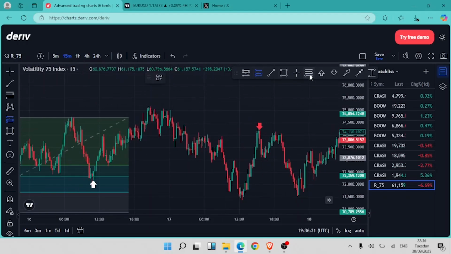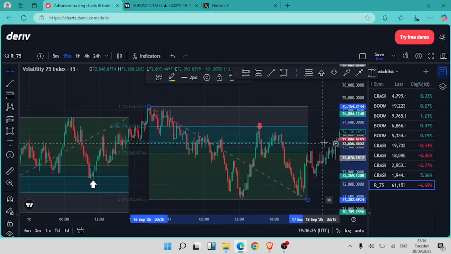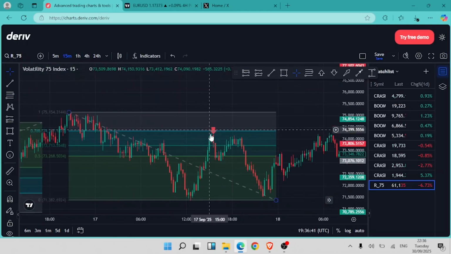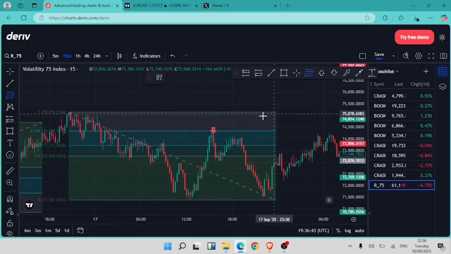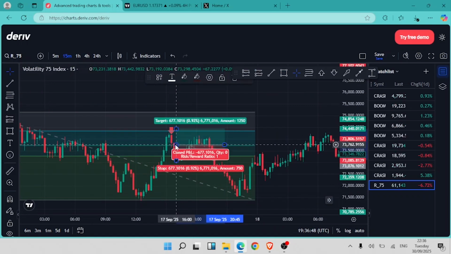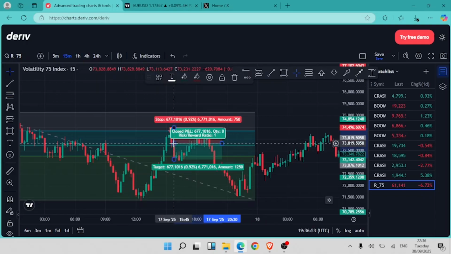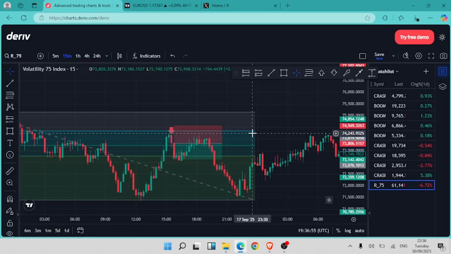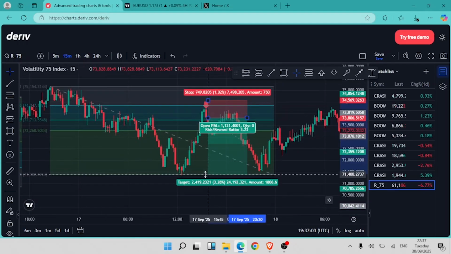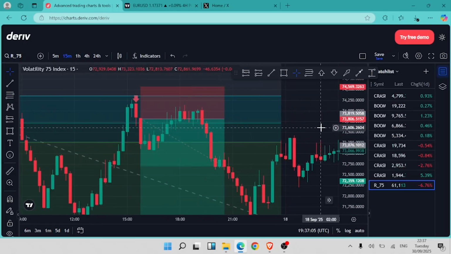Price starting from this point to this point and giving us this dealing range, and price retracing to the 61% of this dealing range and giving us a bearish engulfing pattern, and then entry at the close of that bearish engulfing candle, stop loss just above it, and now you have your take profit just below that retracement, at the beginning of that retracement.